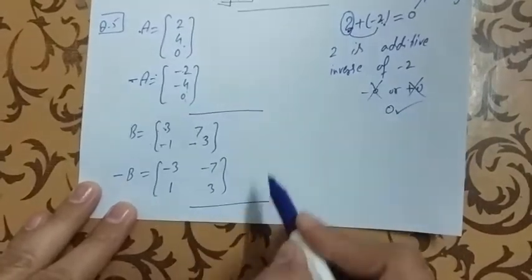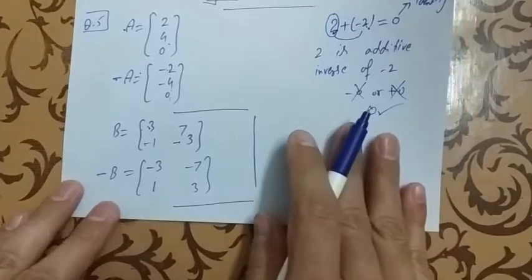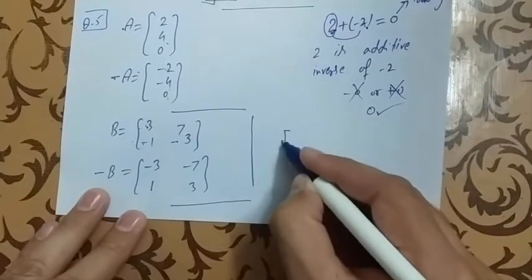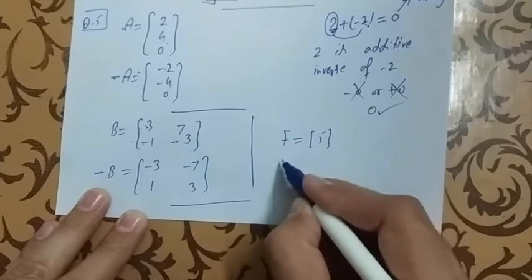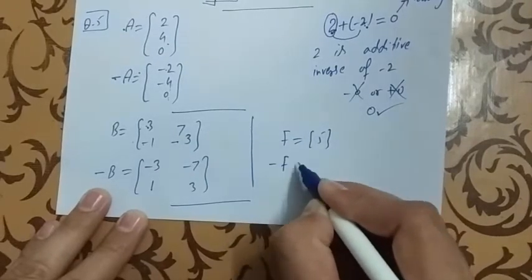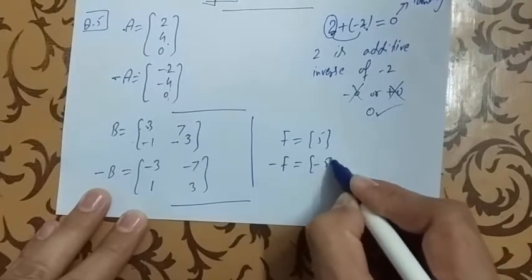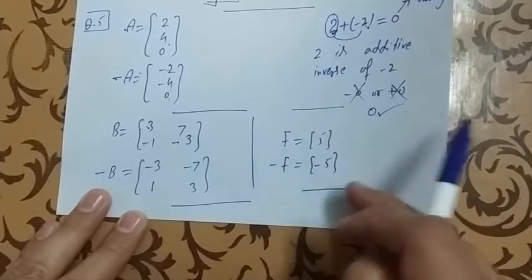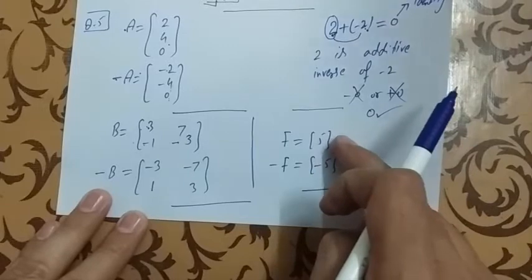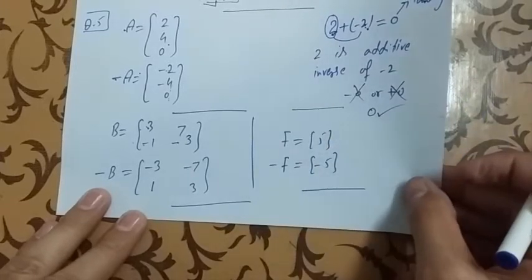Okay, similarly students, I write F is equal to 5. Find its additive inverse. So multiply by minus on the left side and also on the right side. This is the additive inverse of this F. Hopefully you understand these things. Now the next problem is question number 6.